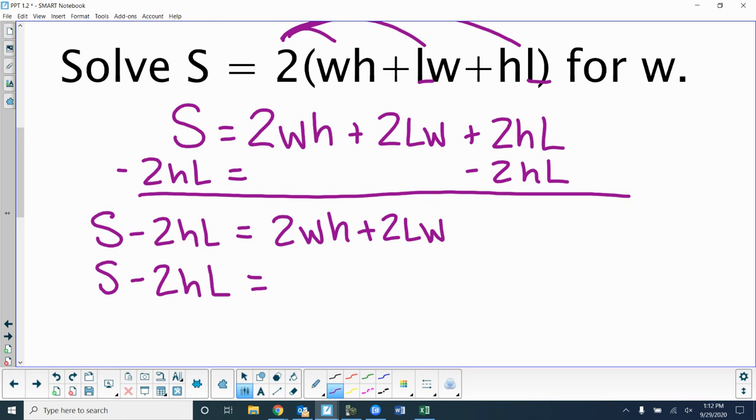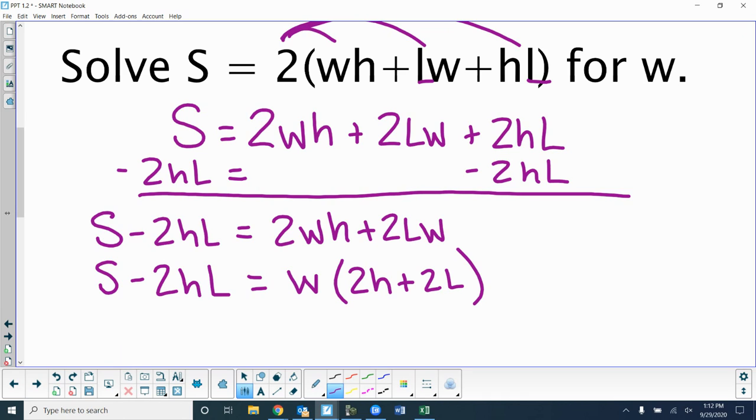So it goes from 2 W's to 1. And what is 2WH divided by W? 2H. And what's 2LW divided by W? 2L. You guys can handle that, right? Now it looks like that. So remember, when I factor out the W, factoring means you're looking for what times what gives you that, right? That's what factors are. The factors of 15 are 3 times 5 or 1 times 15.